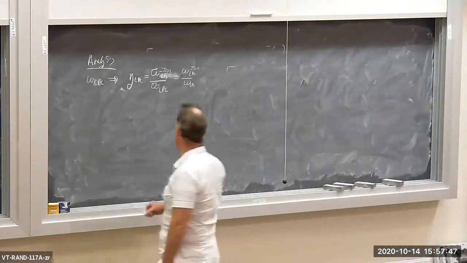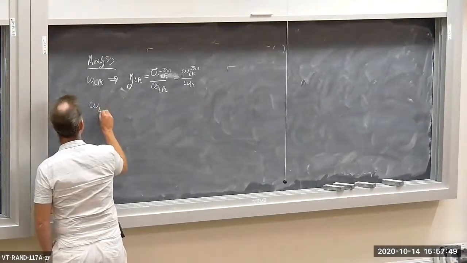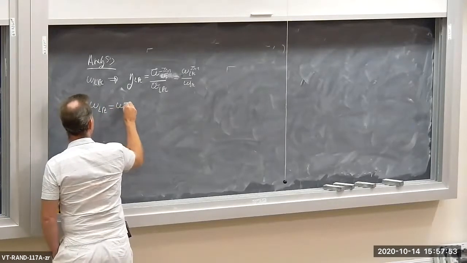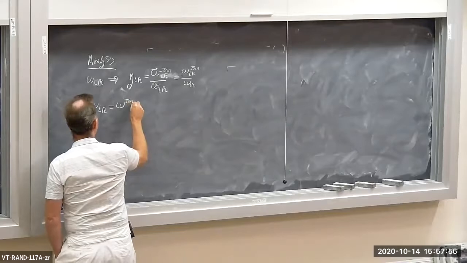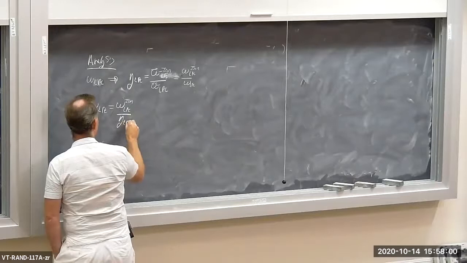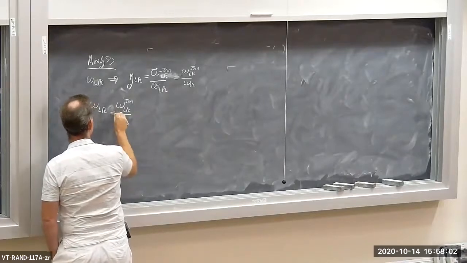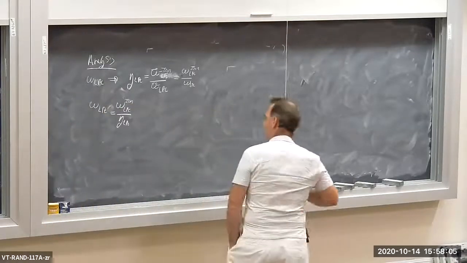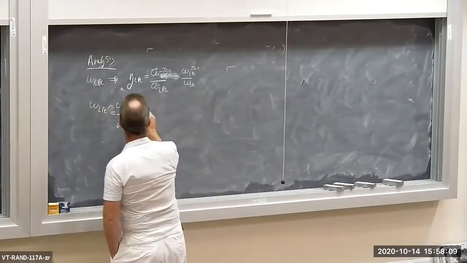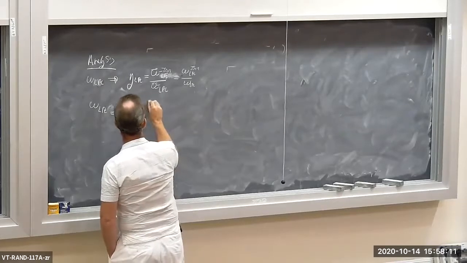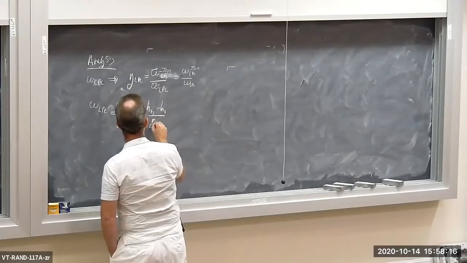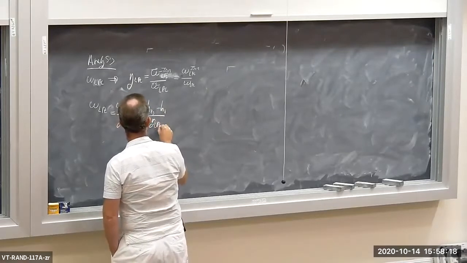So W_LPC is equal to W for the isentropic LPC divided by the efficiency of the low pressure compressor. Now, if you apply the energy balance to the isentropic compression process, you'll get (H2s minus H1) divided by eta_LPC.